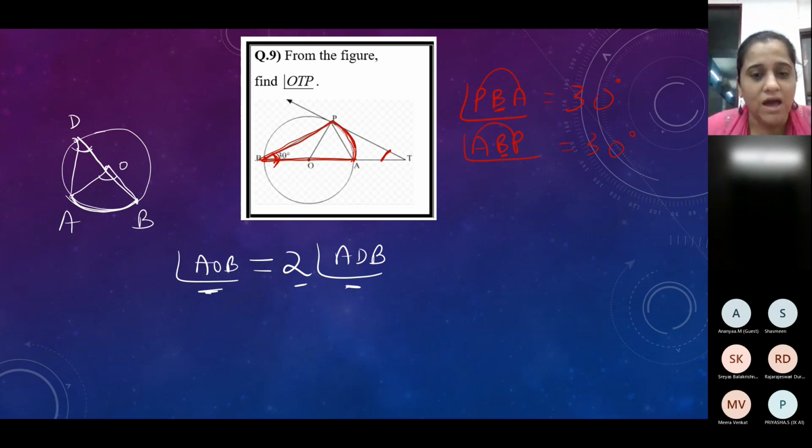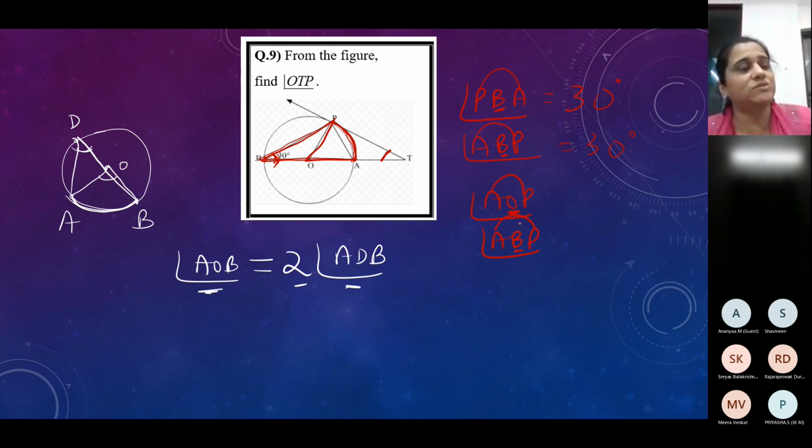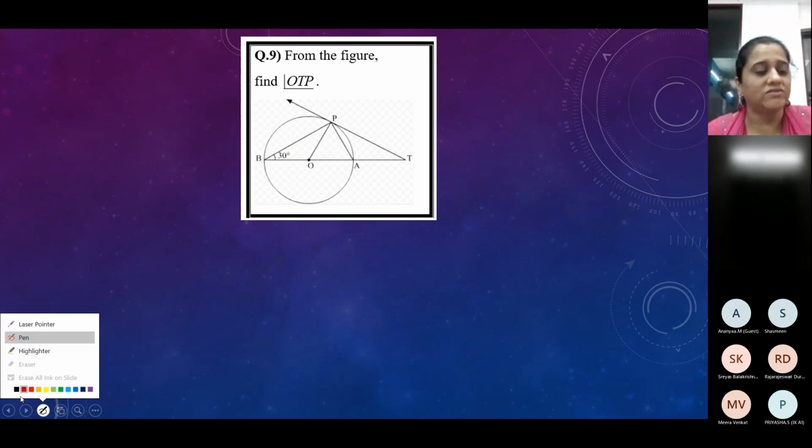Now, the same arc makes AOP at the center. AOP, ABP. Same arc AP. O is the center, B is the point on the circumference of the circle. So there is a relation between these two angles, AOP and ABP.